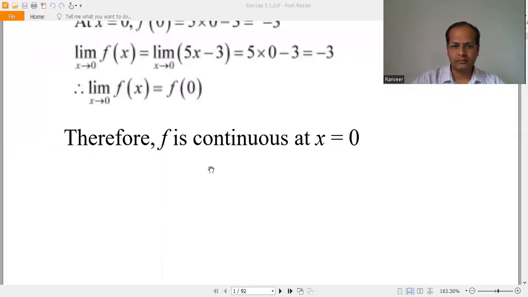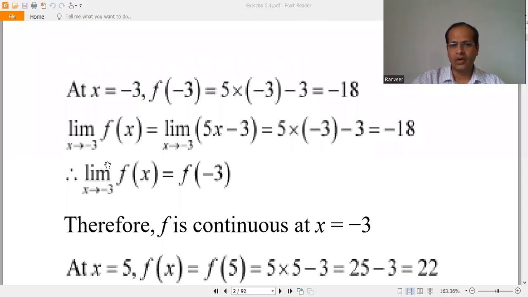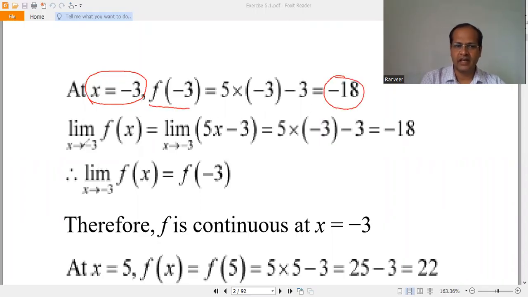Similarly, we have to find the value at x equal to minus 3. First of all, we find the value at the given point: f(minus 3) is minus 18. Then limit x tending to minus 3 of f(x), if we substitute the value, we also get minus 18.